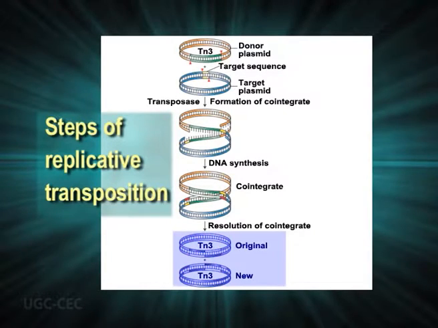Now, does it stall at the cointegrate? The answer is no. Enzymes like resolvase open it up, and then there is again a cut to open this up and joining of the DNA, so you now have two independent circles, and in both circles you have portions of the transposon.